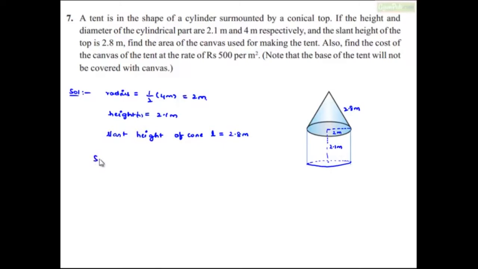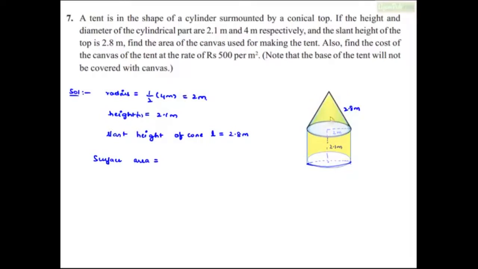Therefore here total surface area is equal to the sum of the lateral surface area of this cylinder and the lateral surface area of the cone.